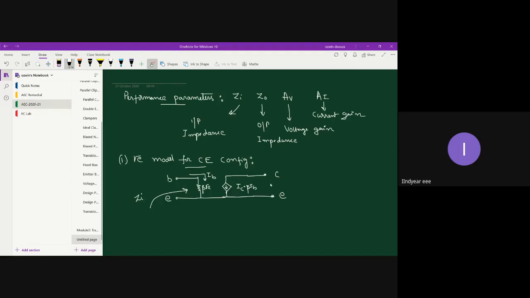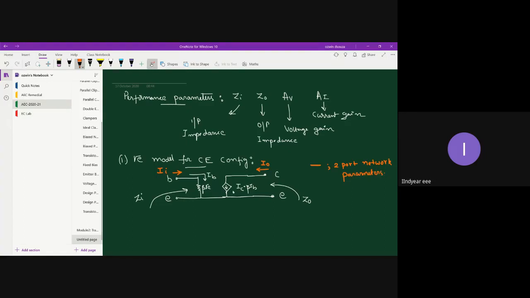Let us mark a few of the performance parameters. Across the input port you have Zi, and across the output port you have Z0. We will also mark the standard two-port network current directions: inward current direction for II, and once again inward current direction for the output current. This orange color represents the two-port network parameters.